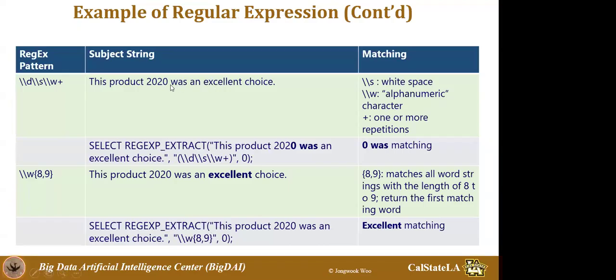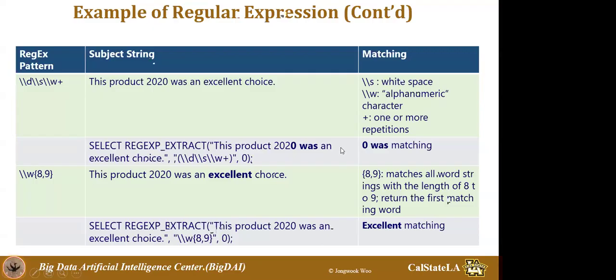So after 0 and space, there is W alphanumeric, A alphanumeric, S alphanumeric, and then space. Space doesn't belong to alphanumeric, right? That's why I just highlight 0 space was. In this pattern, you can get multiple alphanumeric, but space is not allowed. So that's why 0 space was. Any question?